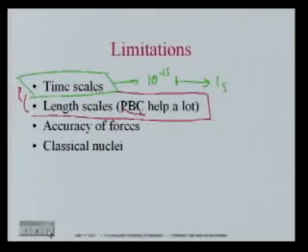So again, length scales are another problem, and a problem in which periodic boundary conditions tend to help a lot. But again, suppose that you want to study something like the strength of a metal. Well, you have now a problem in which a lot of length scales become intertwined, because in the strength of a metal, you might want to consider what is the dynamics of impurities that strengthen that metal.